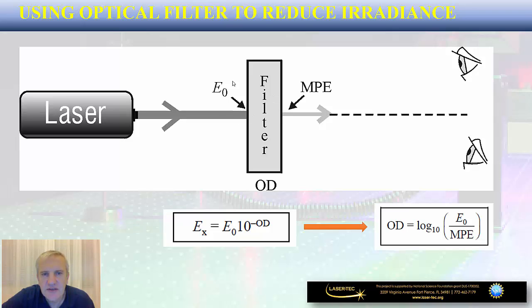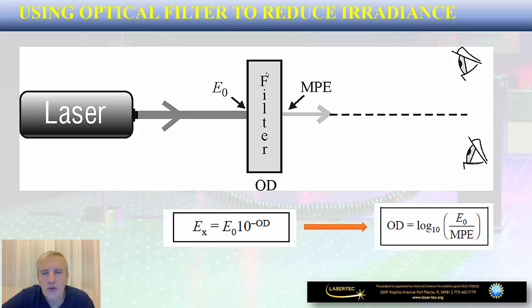So this incident irradiance level coming out of the laser is going to be significantly reduced as the laser beam passes through this filter, so that on the other side, the irradiance level of that laser beam is pushed below the maximum permissible exposure. So the question is, what would be the absorptive properties of this filter, and also what would be the thickness of the filter?